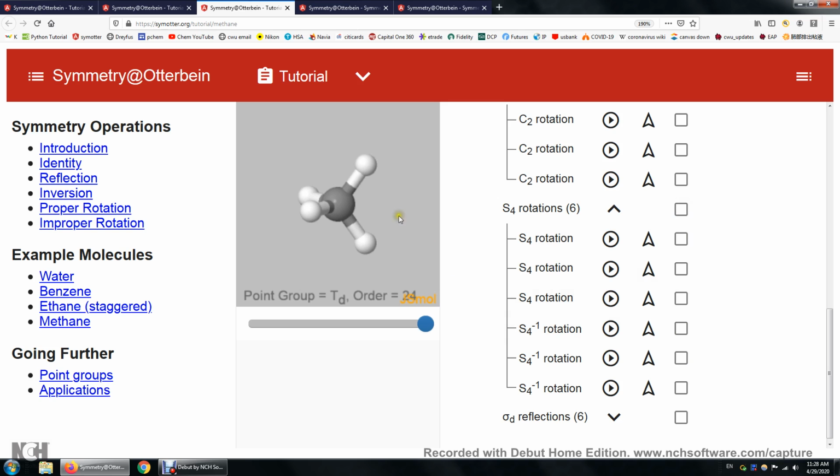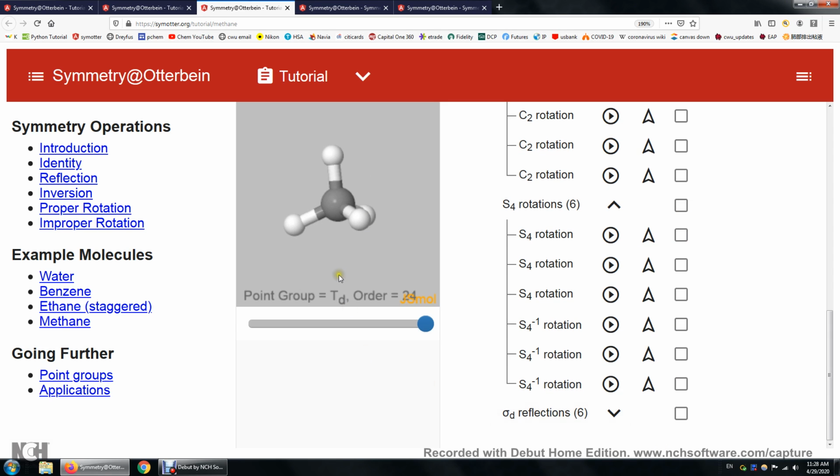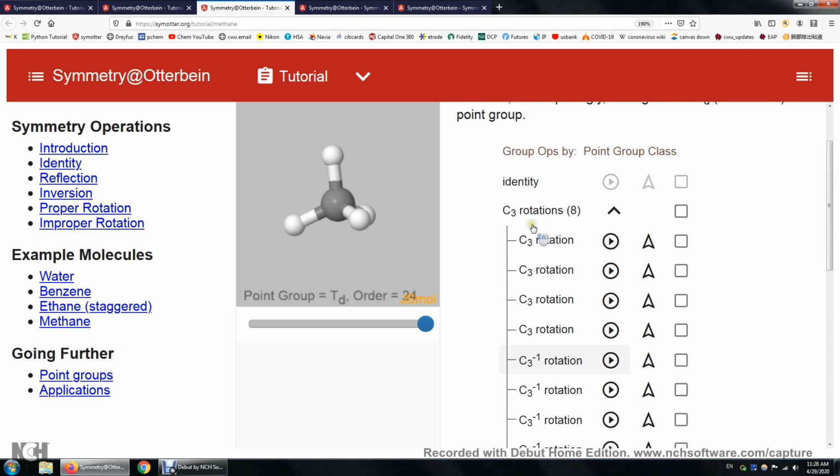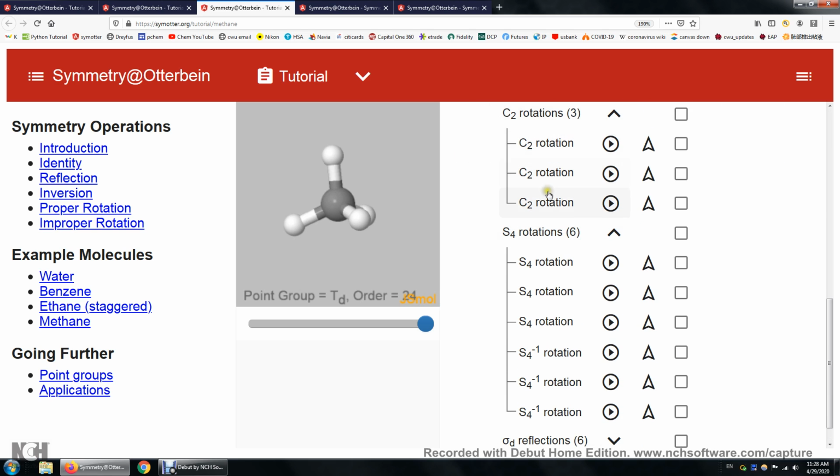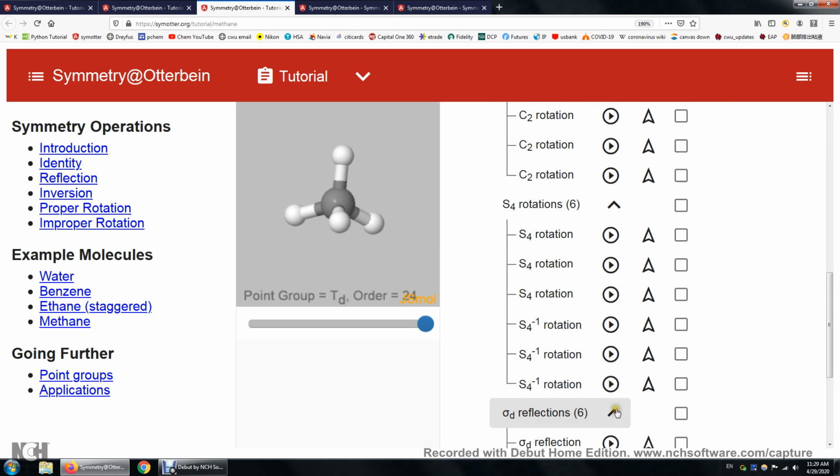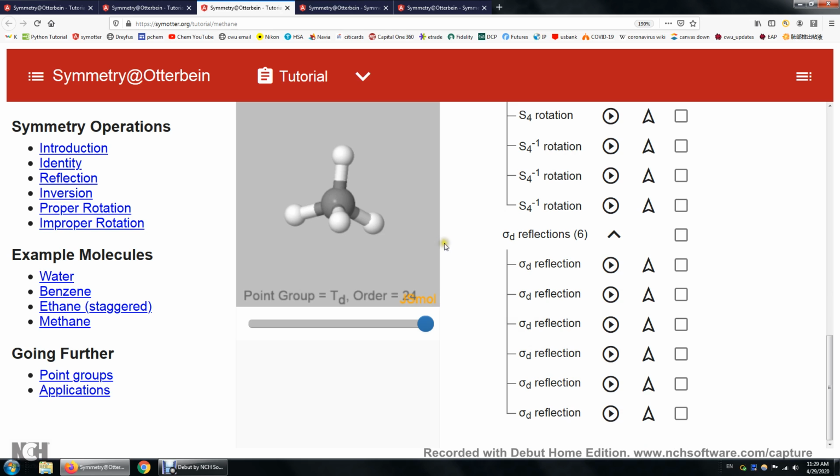There are sigma D's. Because we have how many C2s? A bunch of 3 C2s. So you're going to see there will be 3 sigma D's that contain the C2 rotation axis, and 3 sigma D's that bisect the C2 axis. So this one contains the C2 axis.